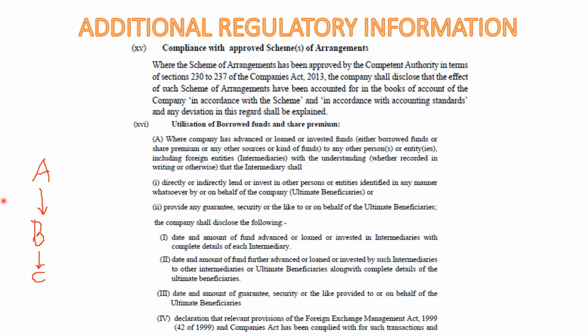Moving on to the 16th additional regulatory information relating to utilization of borrowing and securities premium. This disclosure becomes applicable in case a company has given a loan to an intermediary so that the intermediary gives a loan to a third company.